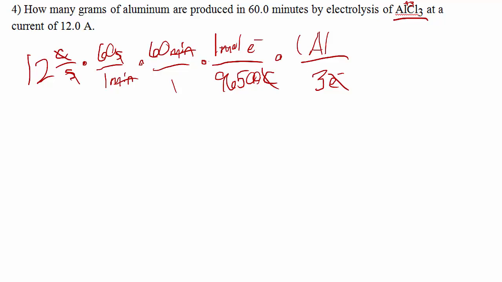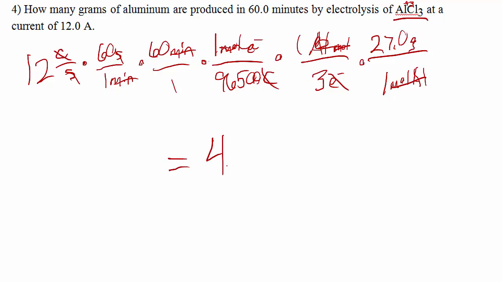So the electrons cancel out, and I've figured out how many moles of Al I got. Now I have to convert that. 1 mole of Al is 27.0 grams. Moles of Al cancel out, and I'm left with grams, which is what I want. So I just plug those numbers in, and I should get 4.02 grams.